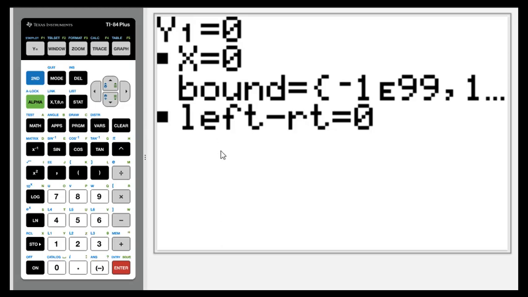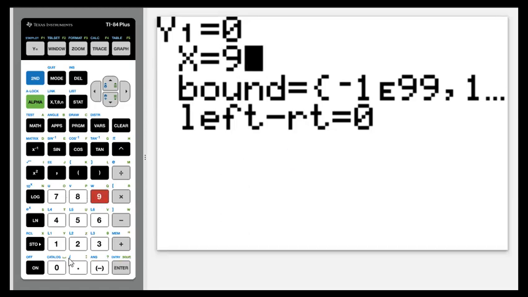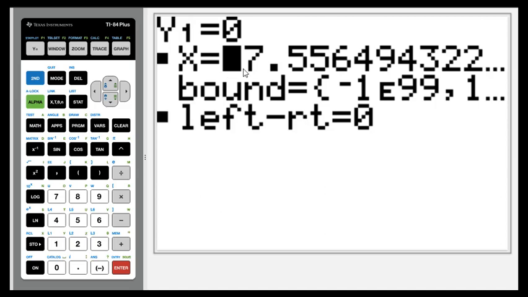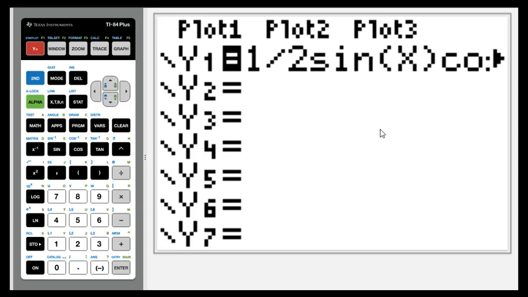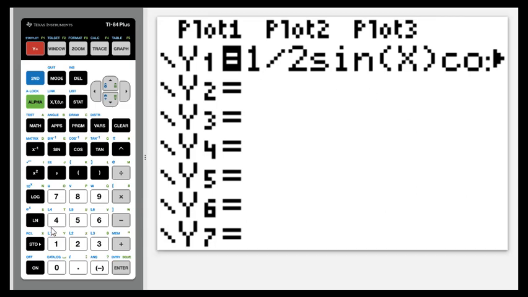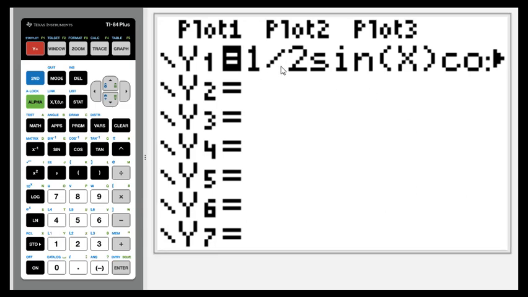I know 0 is not my answer because theta cannot be 0. And when you look at the problem, this theta is between 0 to 90. So let me put 90, close to 90. So I do alpha, enter. You will get 47.6 degrees.